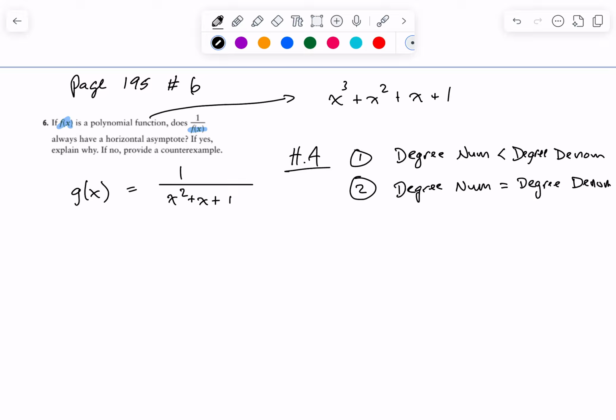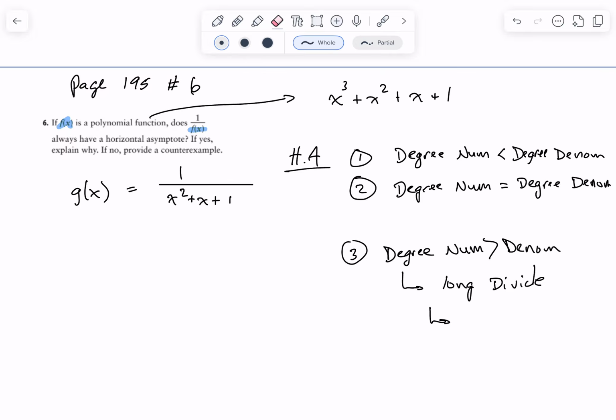We had a third instance that was revolving around horizontal asymptotes, and it was when the degree of the numerator was greater than the degree of the denominator, in which case you could long divide in order to find what we called an oblique asymptote.